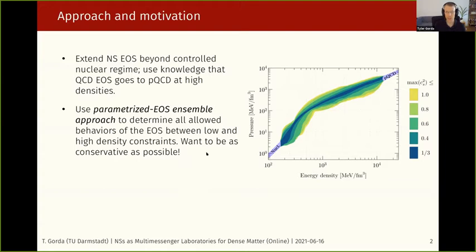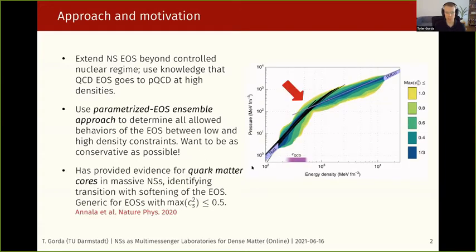And what I want to say in addition that we have done in the past is, using this approach, we have now some evidence for quark matter cores in massive neutron stars.